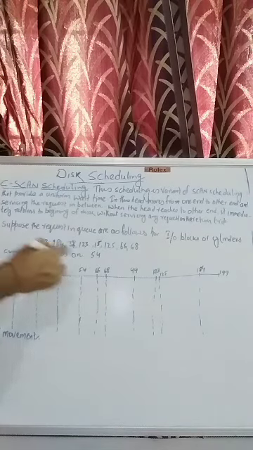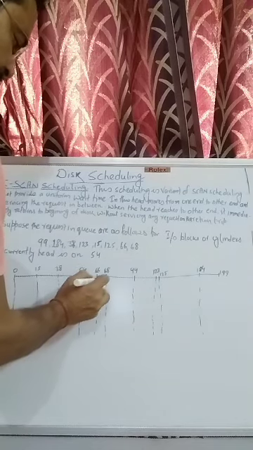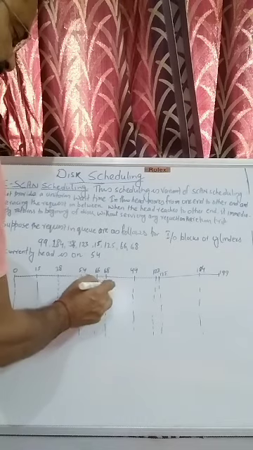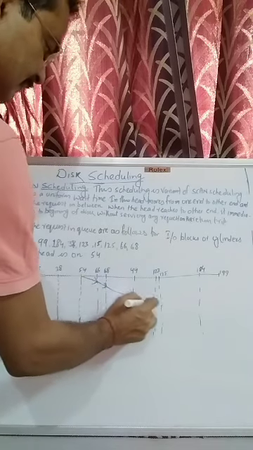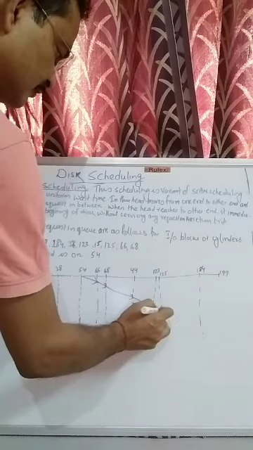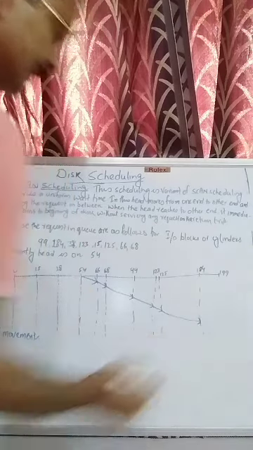From 54 it moves forward and processes the requests for cylinder 66, then 68, then 99, then 123, then 125, then 184.